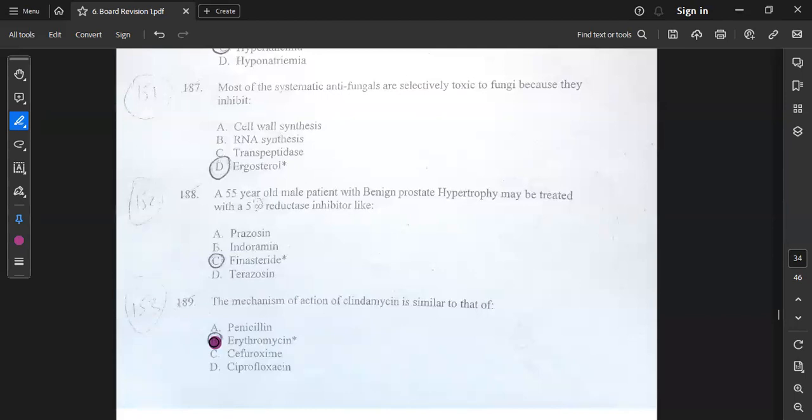A 55-year-old male patient with benign prostate hypertrophy may be treated with a 5-alpha reductase inhibitor like... C. Yes. Prazosin and terazosin, what's their class?